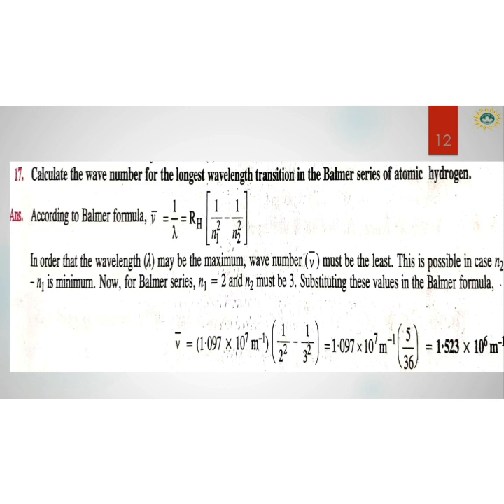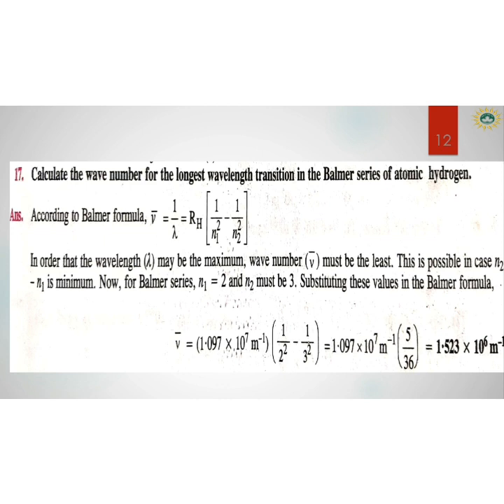For the shortest wave number, we need the minimum difference between n1 and n2. In the Balmer series, n1 will always be 2, then n2 will be minimum, the next level, that is 3. So n2 will be 3.